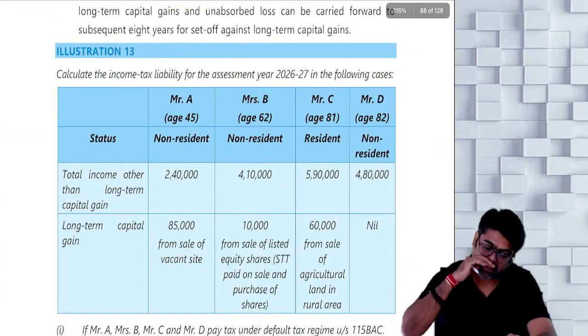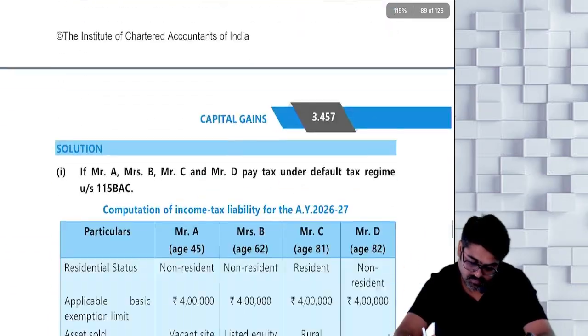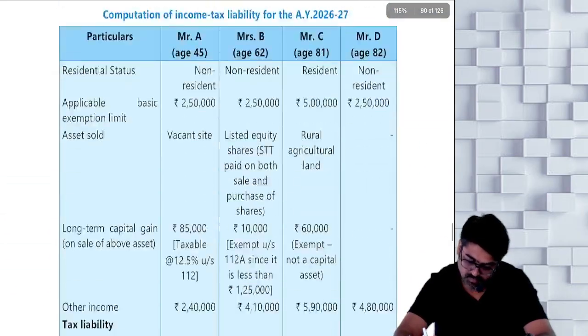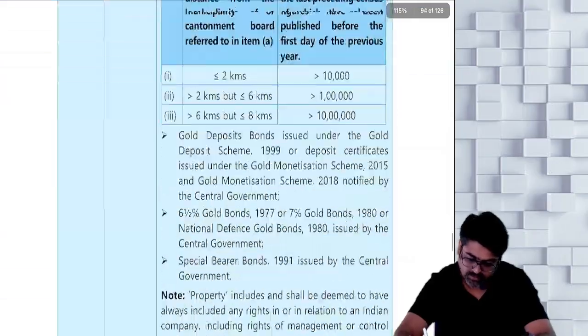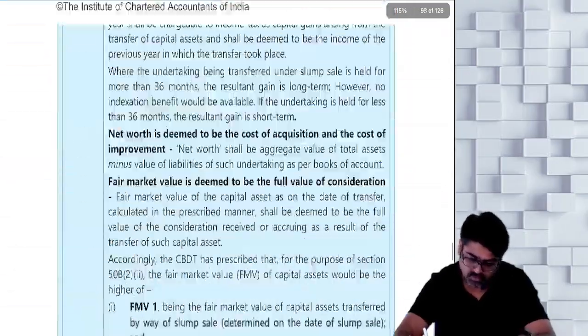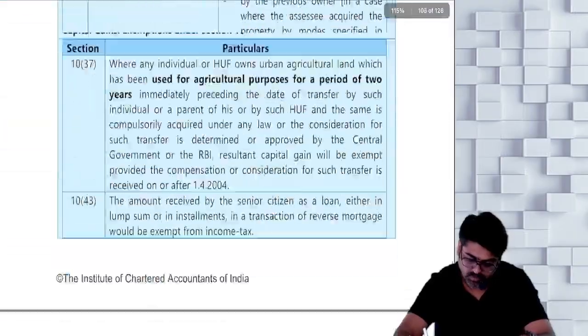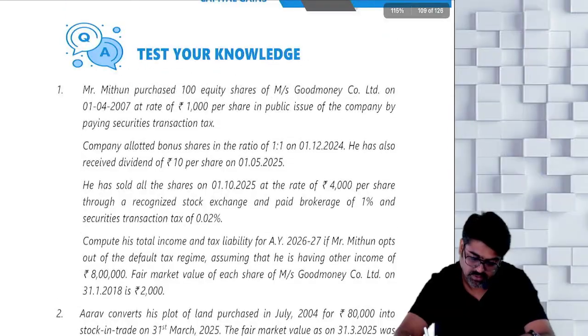Guys, this one also, not a single question from the ICAI study material you can solve right now. Okay, no problem. So we'll start with the second part of the chapter.